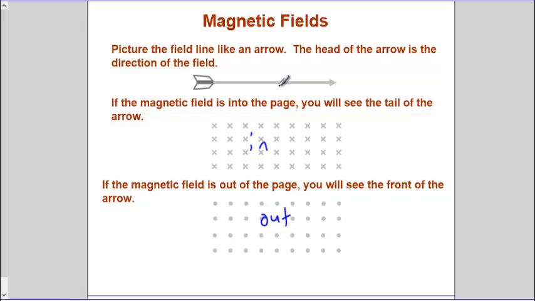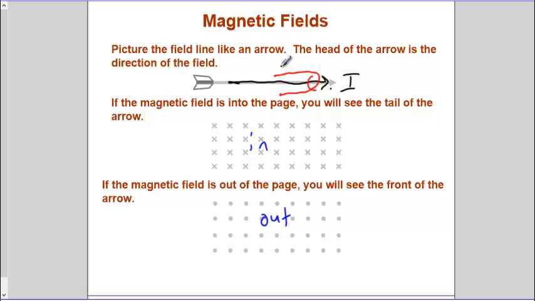If I grasp this with my right hand, this is going to be tough to draw. If this is the direction of the current, we'll stick with black. If this arrow were a current carrying conductor, a wire, when I grasp it, my thumb will point in this direction.